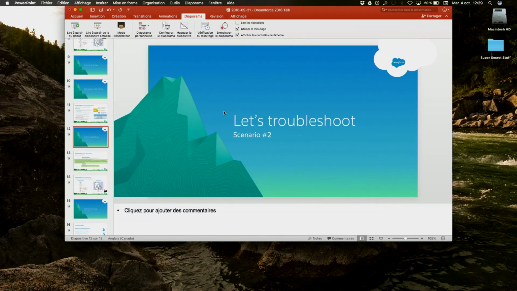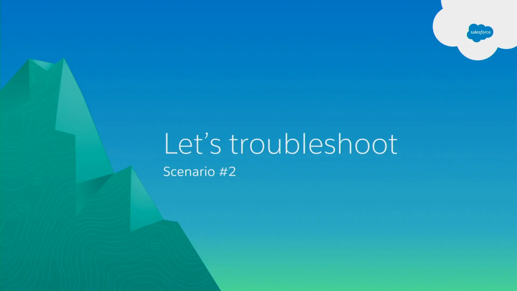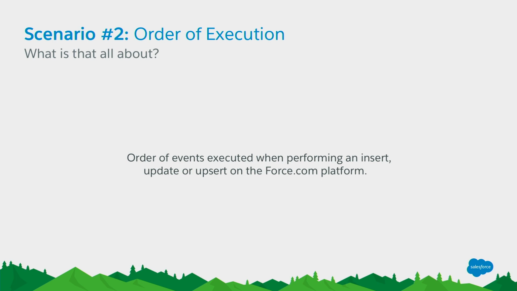Well, let's go back to our presentation. There's something very important that you need to be aware of when you're developing on the Salesforce platform, which is called the order of execution. So what is this all about? Well, the order of execution is the order of events executed whenever you're performing an insert, update, or upsert on the Force.com platform.